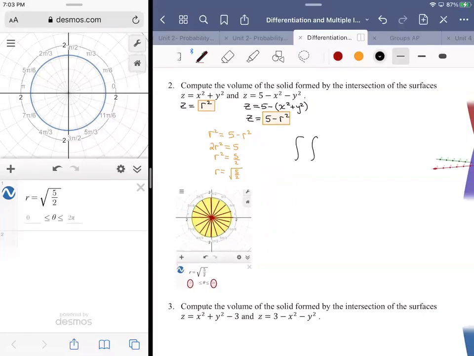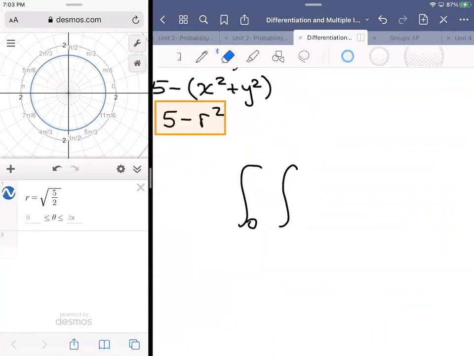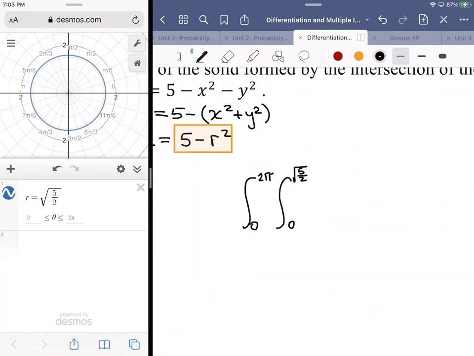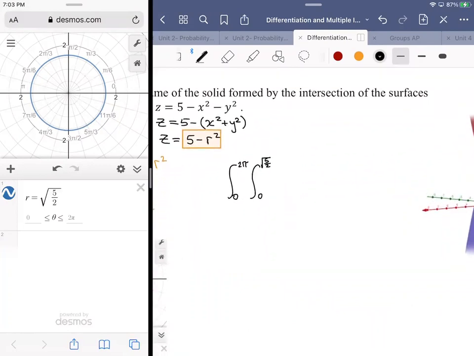double integral going from 0 to 2 pi, going from 0 to the square root of 5 halves. But now I want to take the 5 minus r squared and subtract from it r squared.